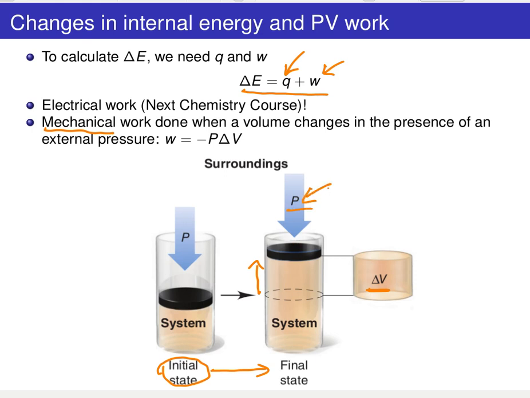So this P here is the external pressure on this system. So when a system expands against this external pressure, it gives rise to a volume change, delta V. The work associated with that process is minus P, that external pressure, times that change in volume.